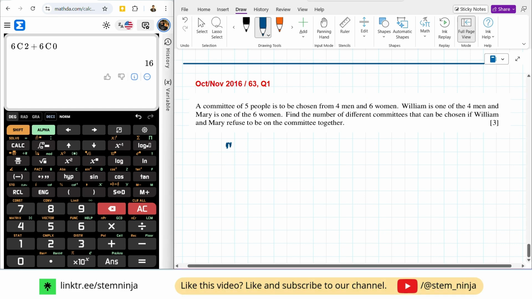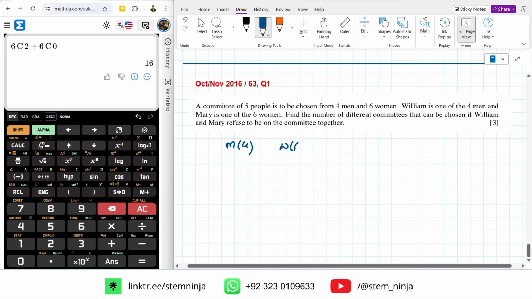William is one of those 4 men and Mary is one of those 6 women. Find the number of different committees that can be chosen if William and Mary refuse to be on the committee together.